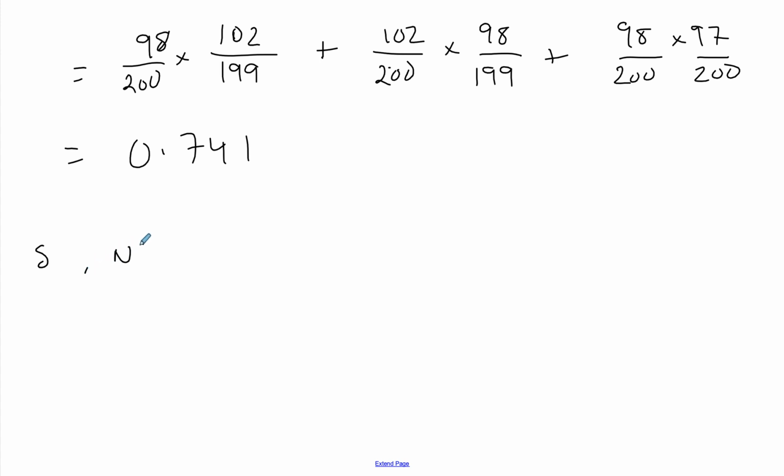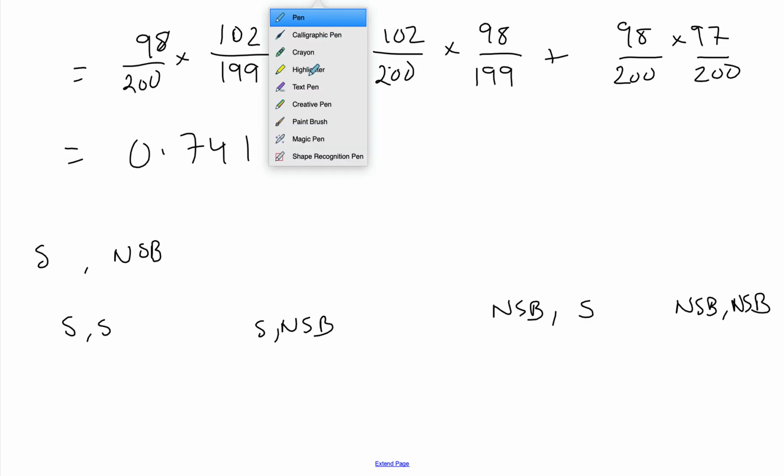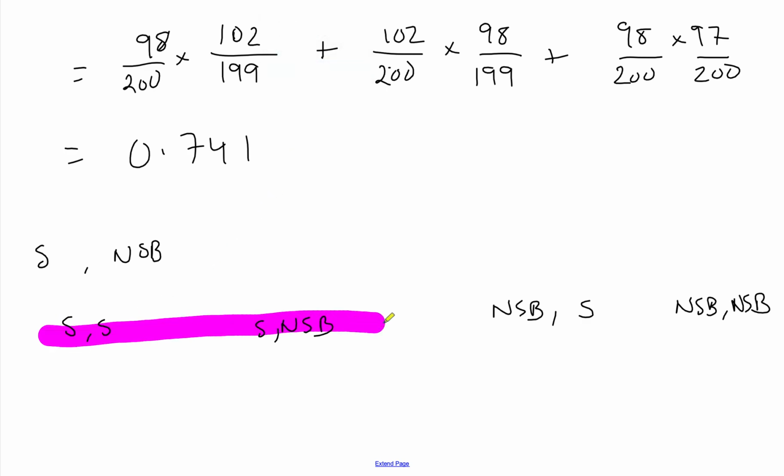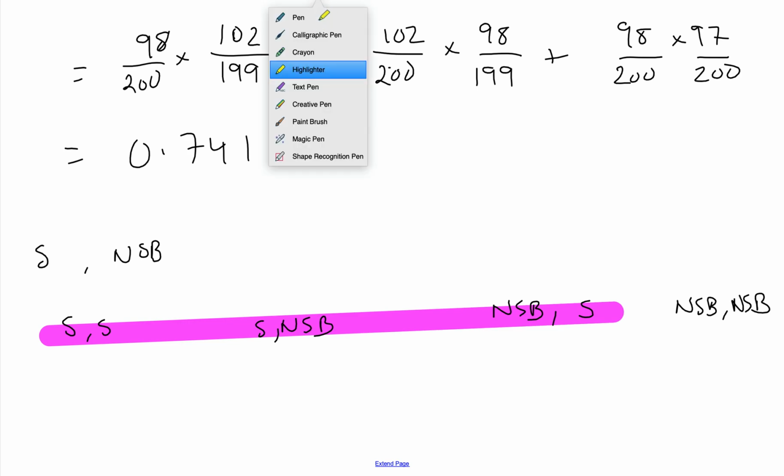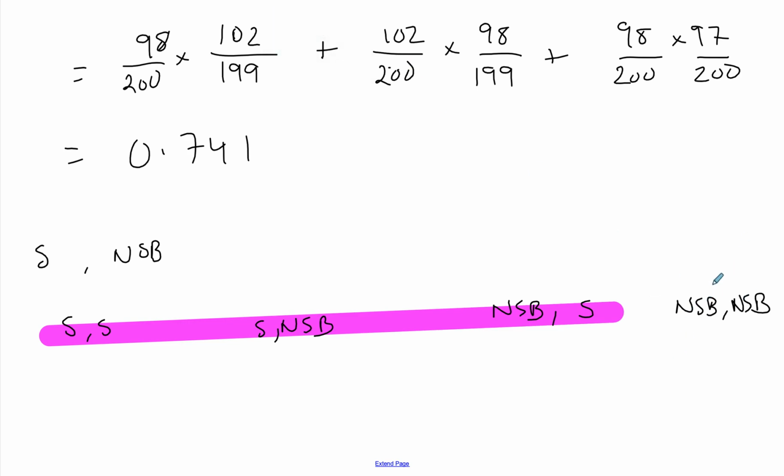Now the other choice is to think, well, overall, if I have two options, whether seatbelt or no seatbelt, I will always have either seatbelt, seatbelt, seatbelt, no seatbelt, no seatbelt, seatbelt, and no seatbelt, no seatbelt. What we've done in the last part was calculate this. What we also could do is calculate this and then take 1 minus this thing to get the others. Remember, they're always complements.